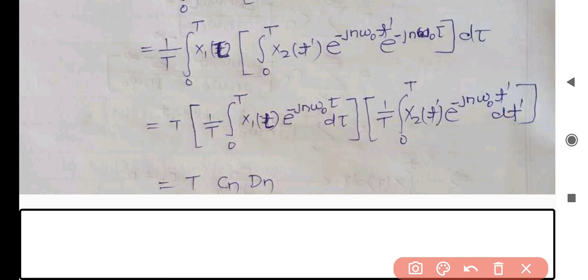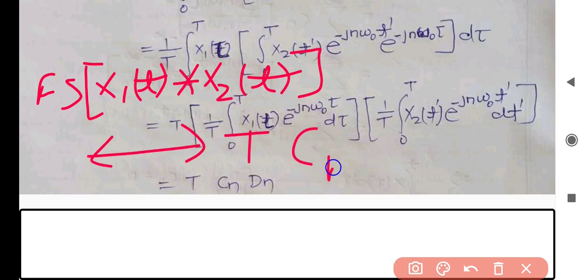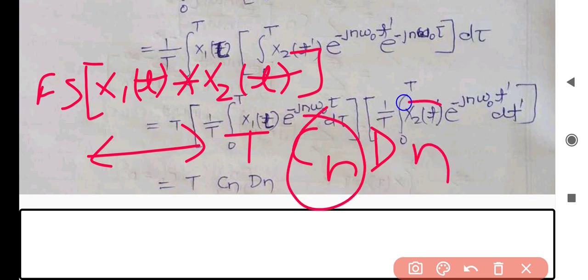Convolution of x1(t) with x2(t) will produce the multiplication of coefficients as T times Cn into Dn, where Cn and Dn are the Fourier coefficients of the signals x1(t) and x2(t). It means that if we take convolution of two signals, their coefficients will be multiplied with each other. This is called the convolution property of the Fourier series, or it is also called the convolution theorem.